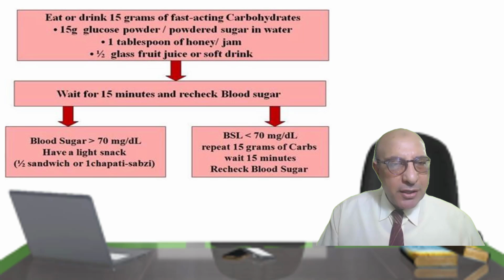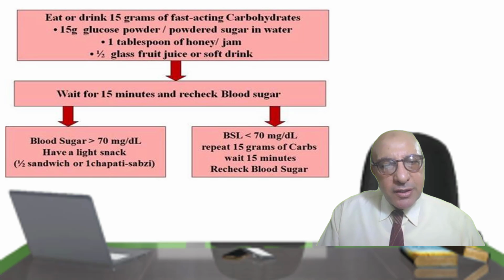In this figure, you can see the usual advice we give to the patient. If there is hypoglycemia and the patient detects it, we advise him to eat or drink about 15 grams of fast-acting carbohydrates like glucose powder or 1 tablespoonful of honey or jam, fruit juice or soft drink, and recheck blood sugar after 15 minutes.